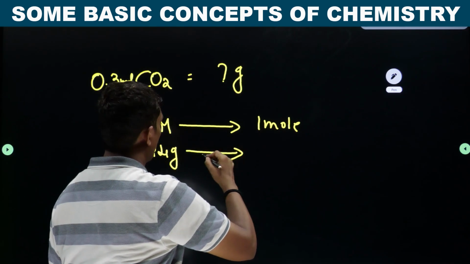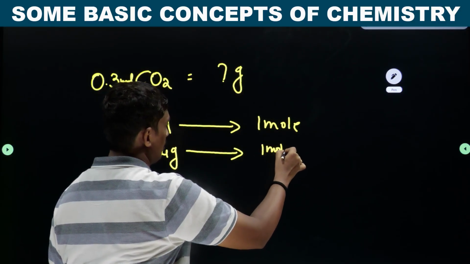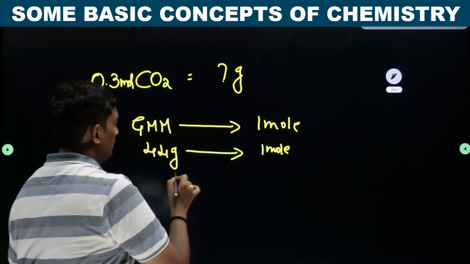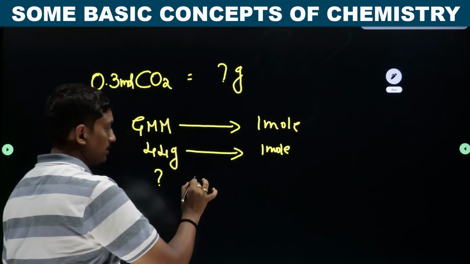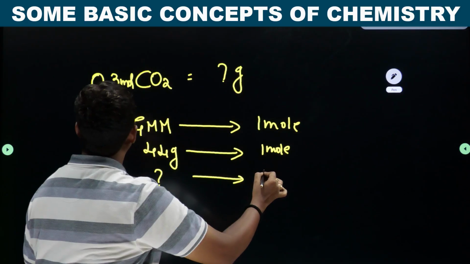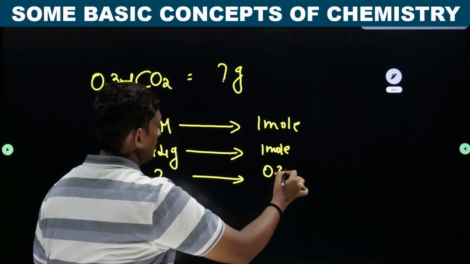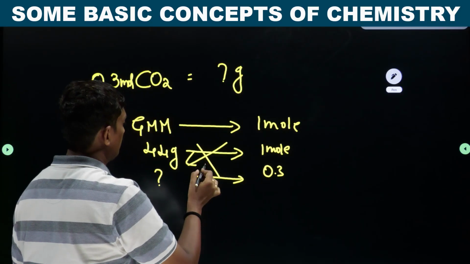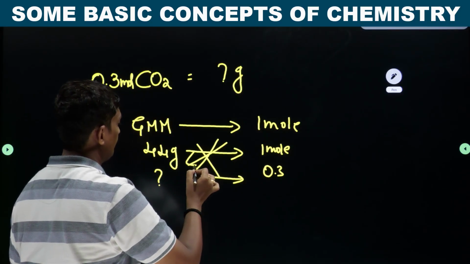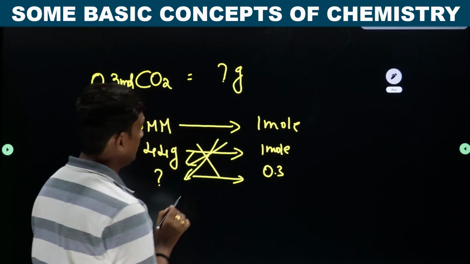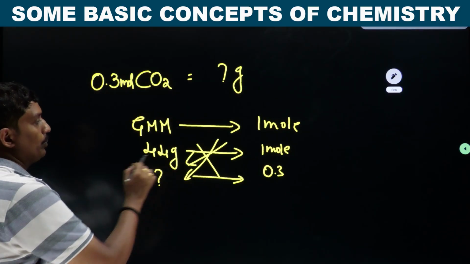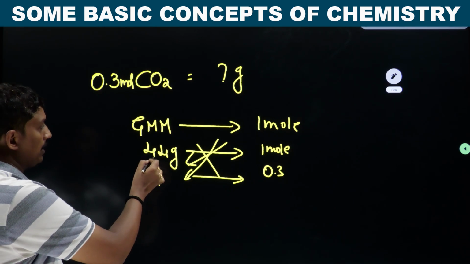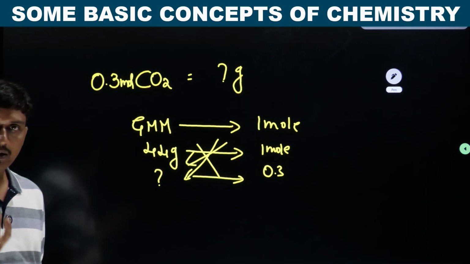If you take 44 grams, that is equal to 1 mole. Here, how much mass is to be calculated, but they have given 0.3 moles. To get 0.3 moles, how many grams of carbon dioxide should be taken?